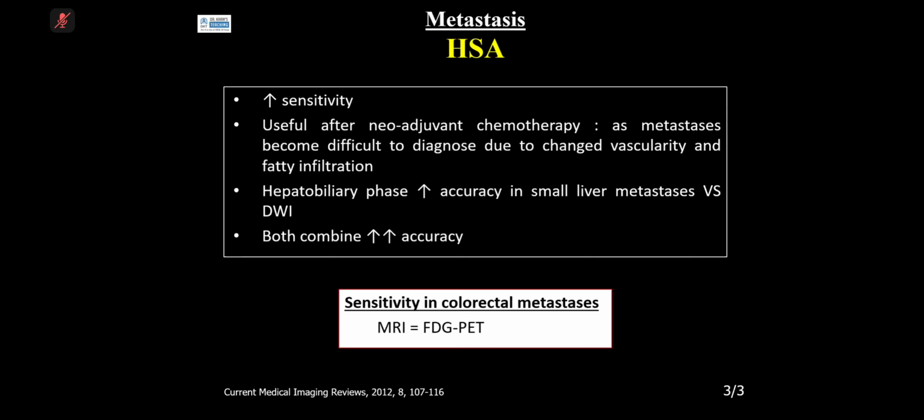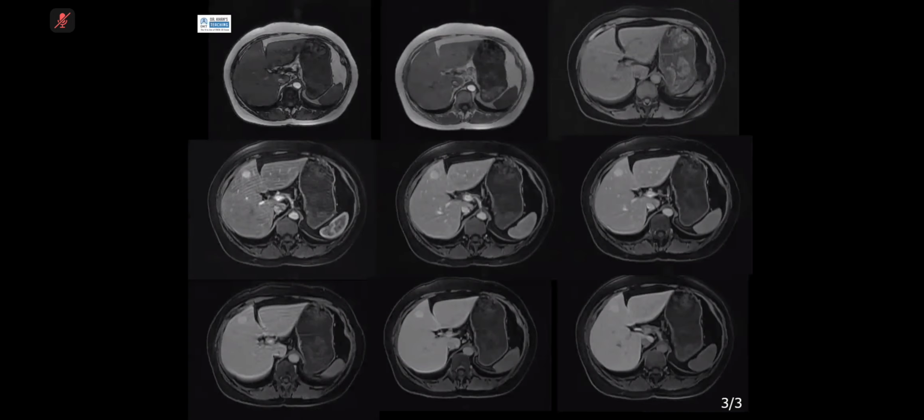When a patient presents with carcinoma colon, even if the patient has metastasis in the liver, they remove the segment, and so they require a black and white answer. How many metastases are there? And still the patient remains a surgical patient. So in that type of scenario, it's a very good problem-solving tool, both for HCC and for metastasis. It's common sense: metastasis will not have normal hepatocytes, so it will appear black.